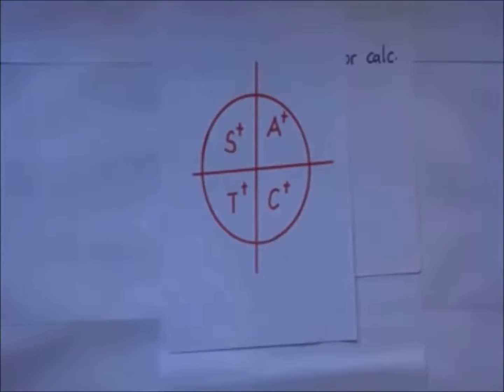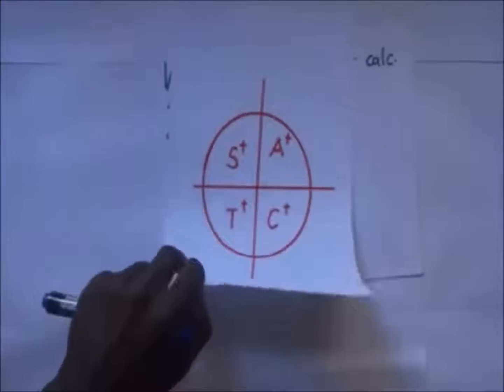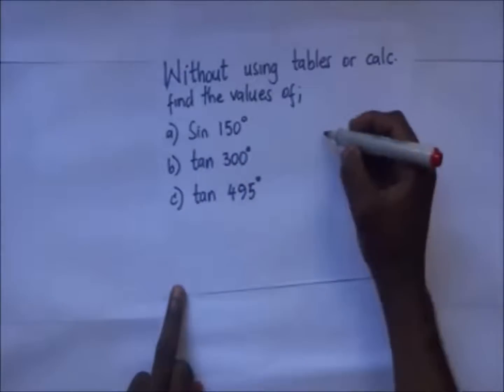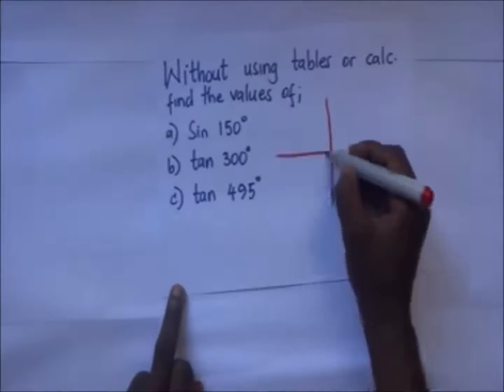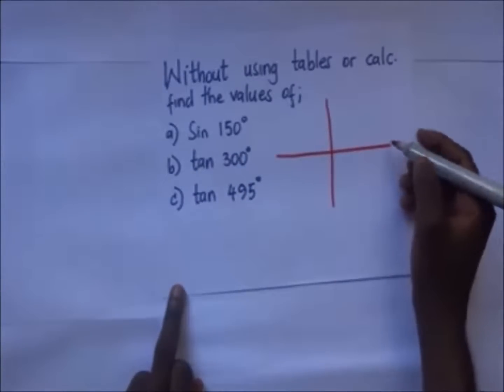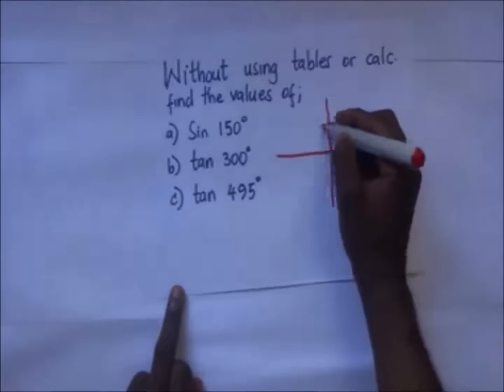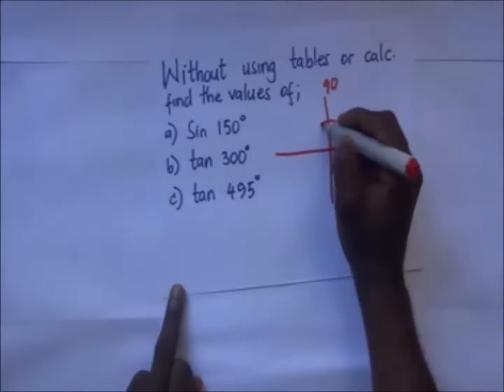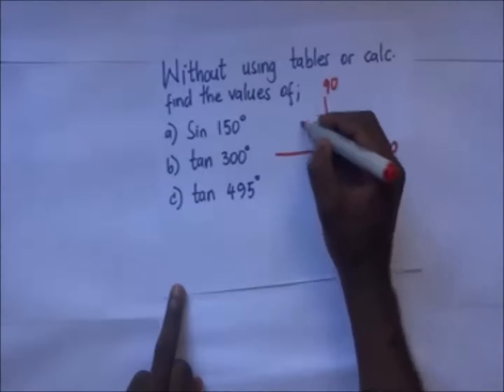Let's do some numbers. Without using tables or calculator, find the value of sine of 150. So now looking at the sine of 150, let's draw this. We start from here, 0 degrees, this is 90, so 150 lies around here.